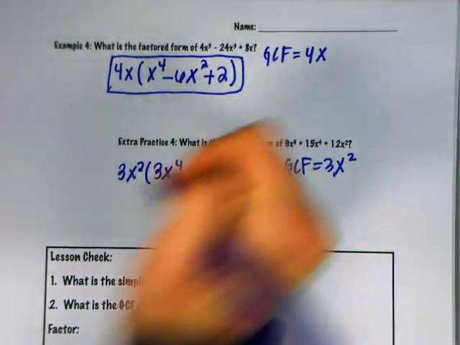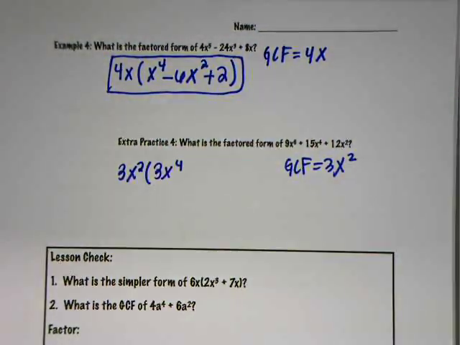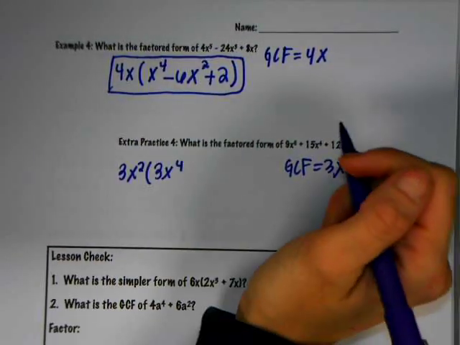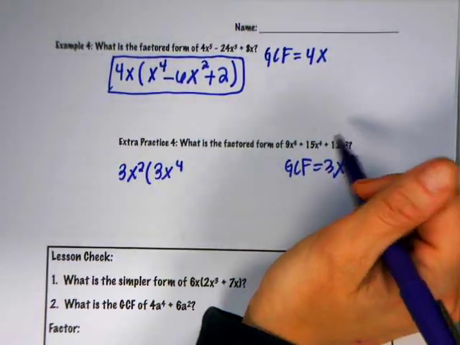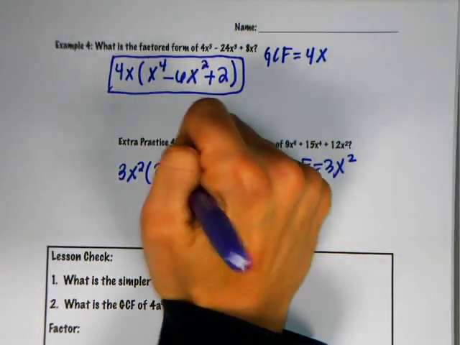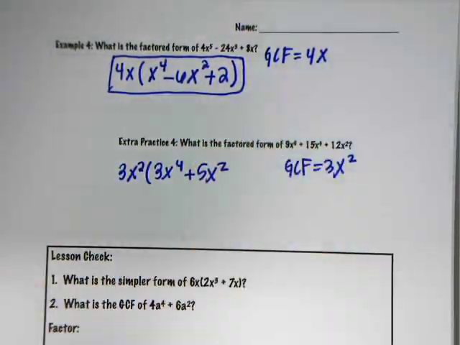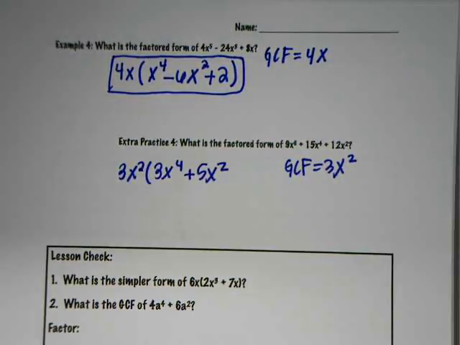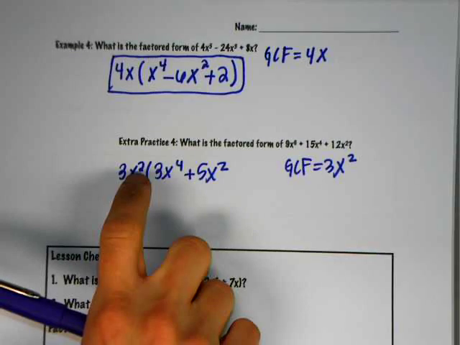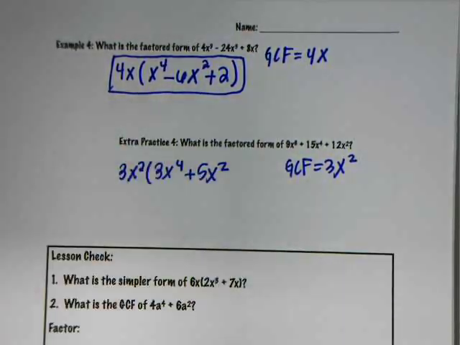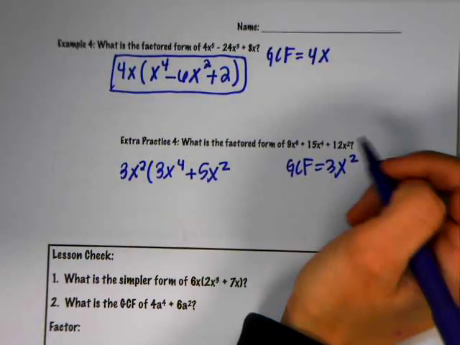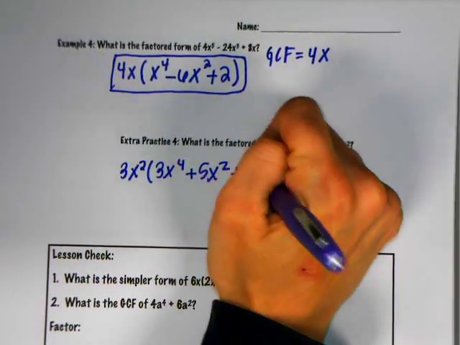Yep, 3x to the 4th. What about 15x to the 4th divided by 3x squared? Yeah, 5x squared. Because you're taking 2 away from each of them when you divide. Because then when you multiply that in, they got added. Yep, and then plus 4. That's it.